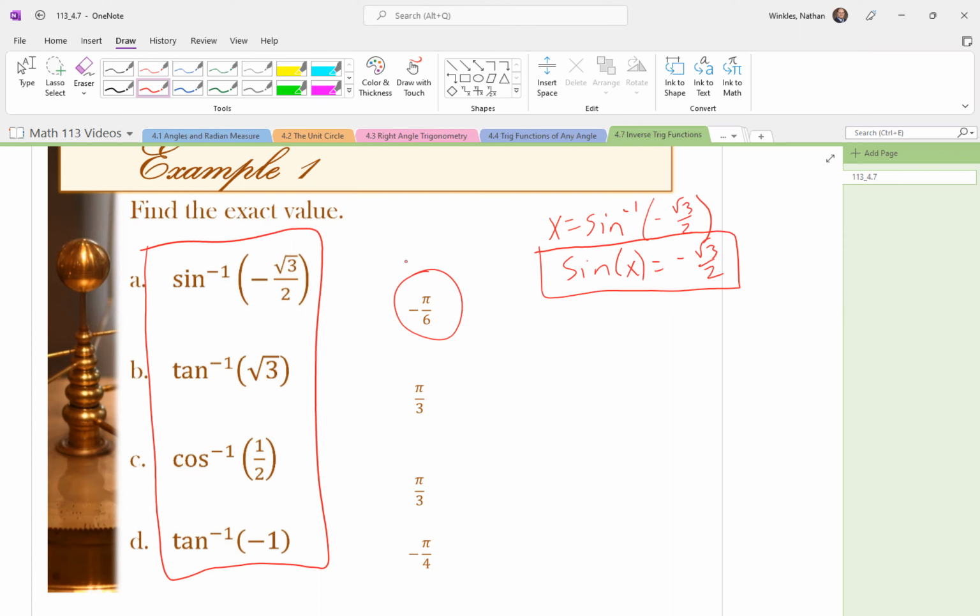If we were to do inverse tangent of root 3, where would that be? That's going to be pi over 3.